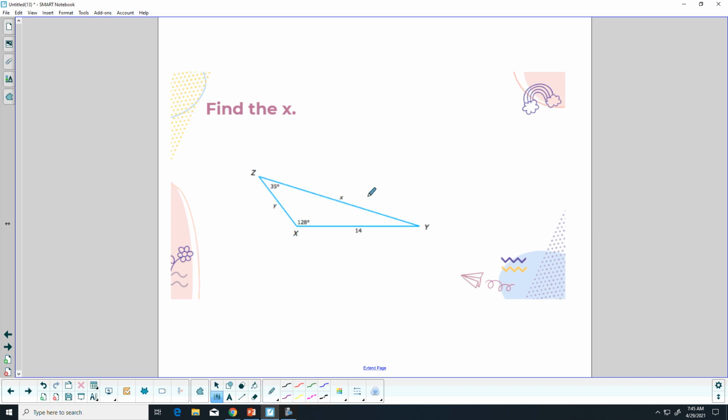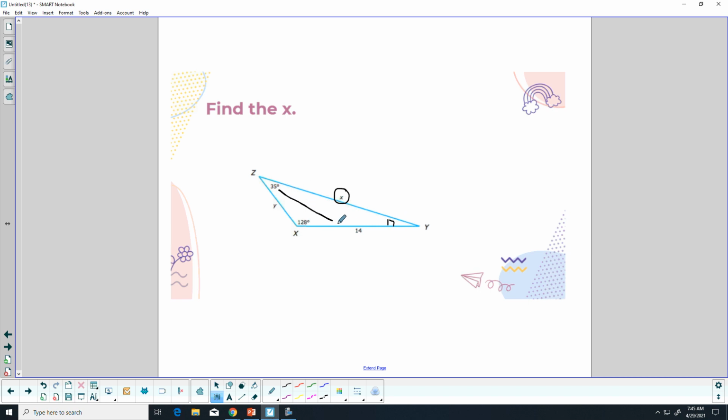All right, on this one, I need to find x. I think I'm going to use the law of sines on this one. I'm just going to, for fun, find that other angle. I know triangles have 180 degrees. That's going to be 17 degrees.